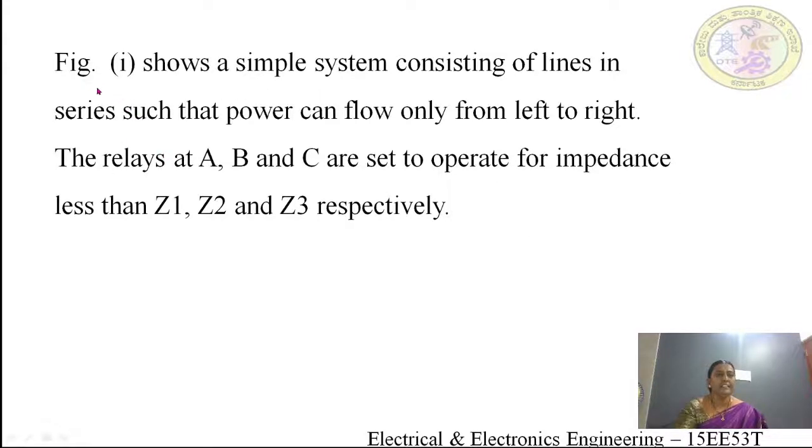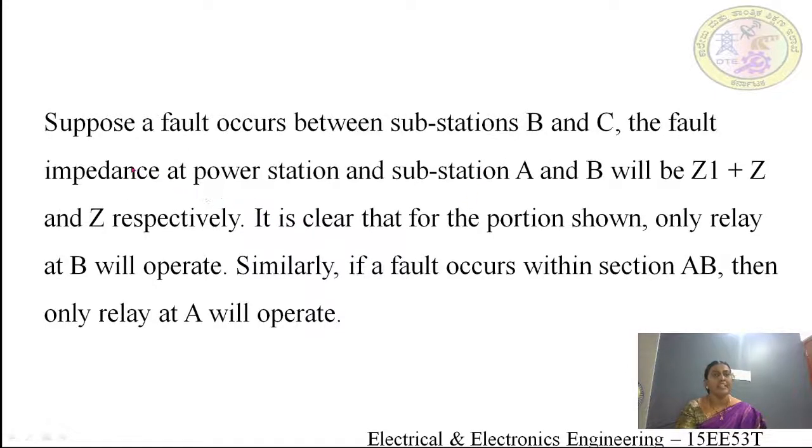Now let us see figure 1. It is a simple system consisting of a line in series such that power can flow from left to right. The relays A, B, C are set to operate for the impedances Z1, Z2 and Z3 respectively.